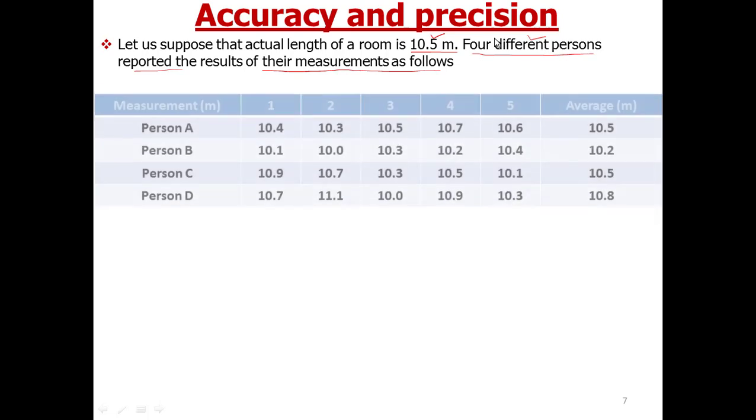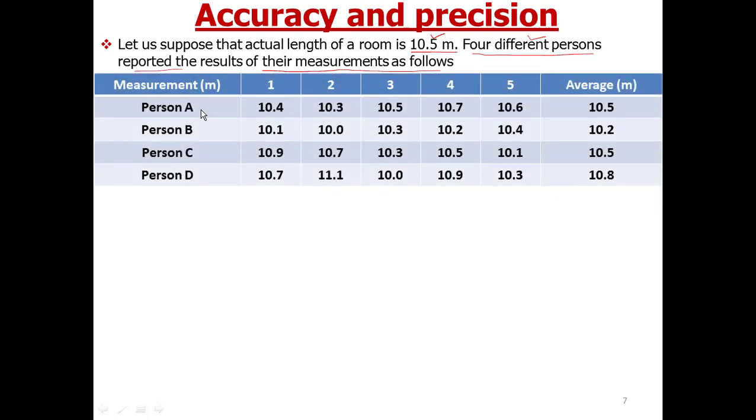Suppose there are 4 persons, A, B, C and D, and each person has done 5 measurements. The results are obtained and represented in this table.